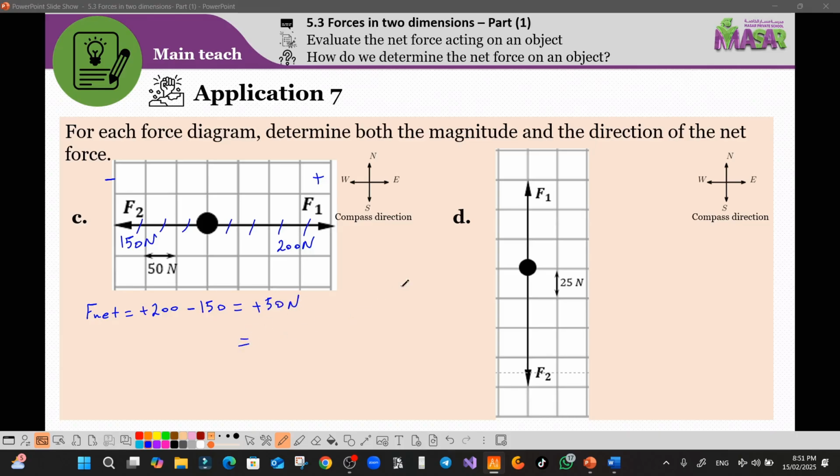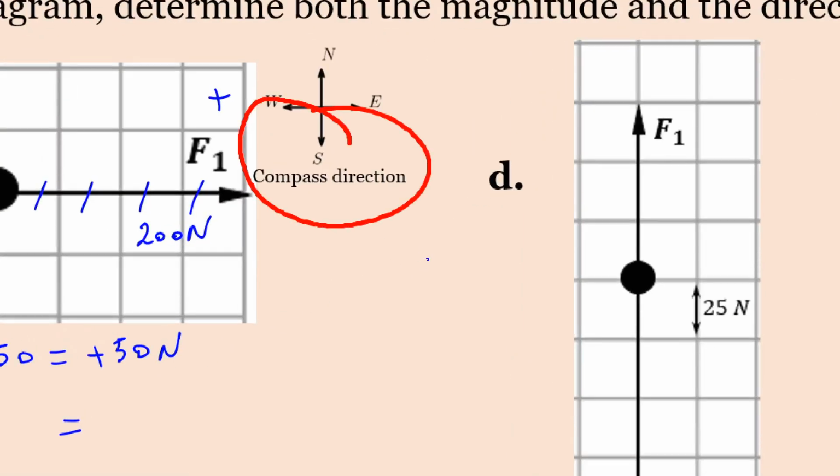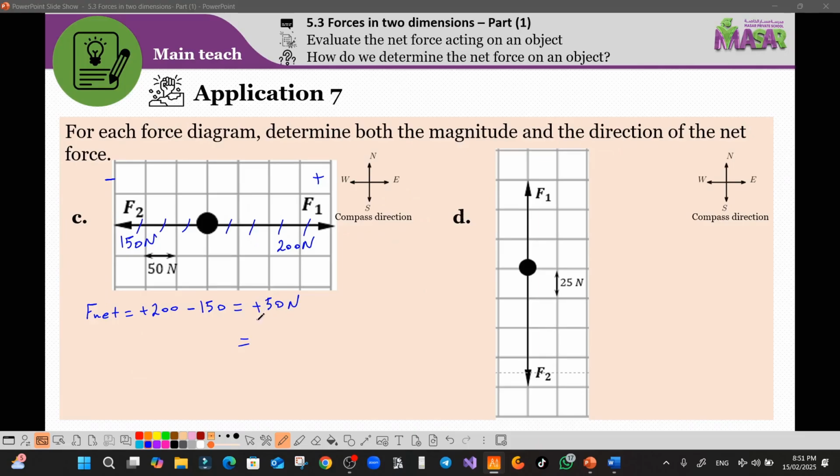However, I must re-express my answer using the compass direction. And since the forces are acting along the horizontal axis, then we will use the horizontal direction, and the horizontal direction has two directions, the east and west. Since the answer is a plus, then we will write it as 50 Newton, E, and E stand for east.